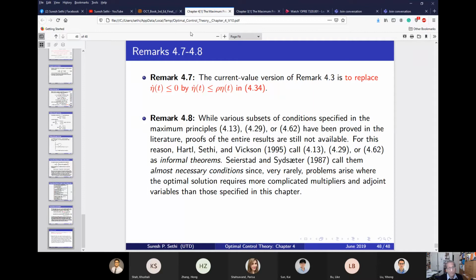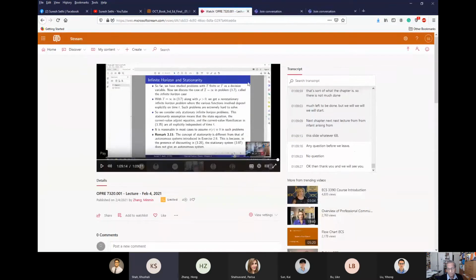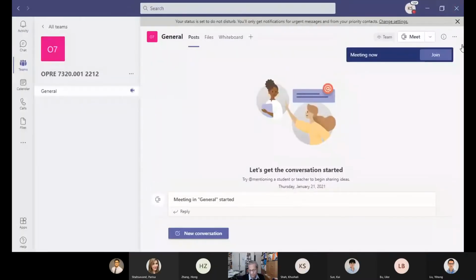Kushal, you want to load chapter 5, or should I go back and do it? I can give it a try. If there are no glitches, I should be able to load it. Okay, try it. I should delete it, right? Yeah, if I start sharing, it's going to show up yours anyway. So let's try. Nope. Okay.